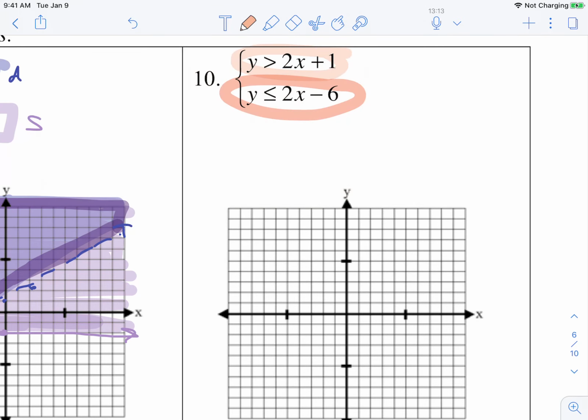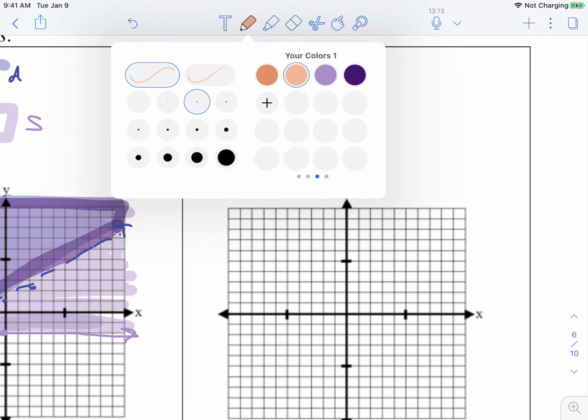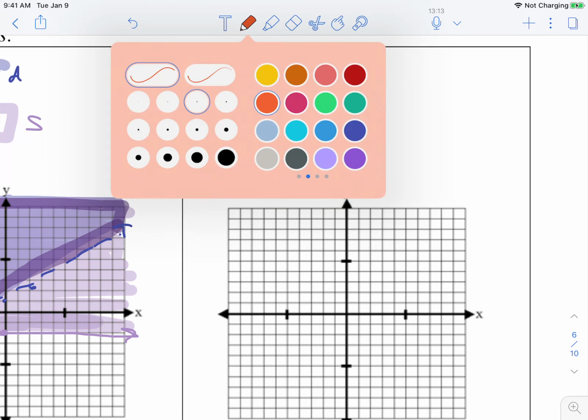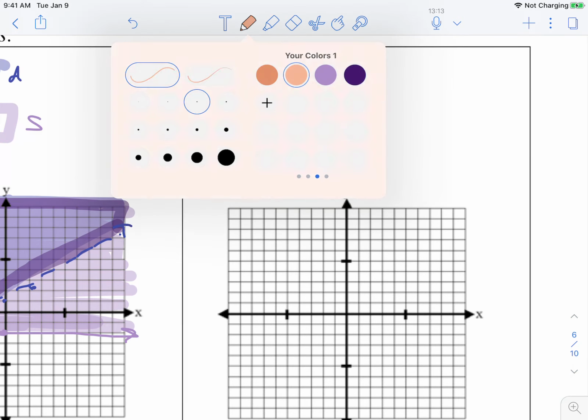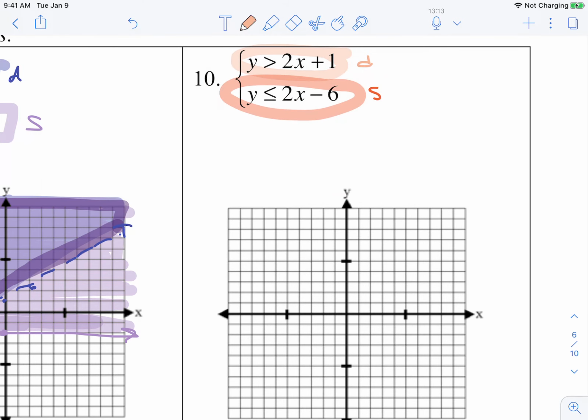Or this brown, whatever color that is. I'm going to plot, first identify dashed or solid. This is dashed. And this is solid. So the dashed one is going to be at 1, up 2 over 1. We dash it in.